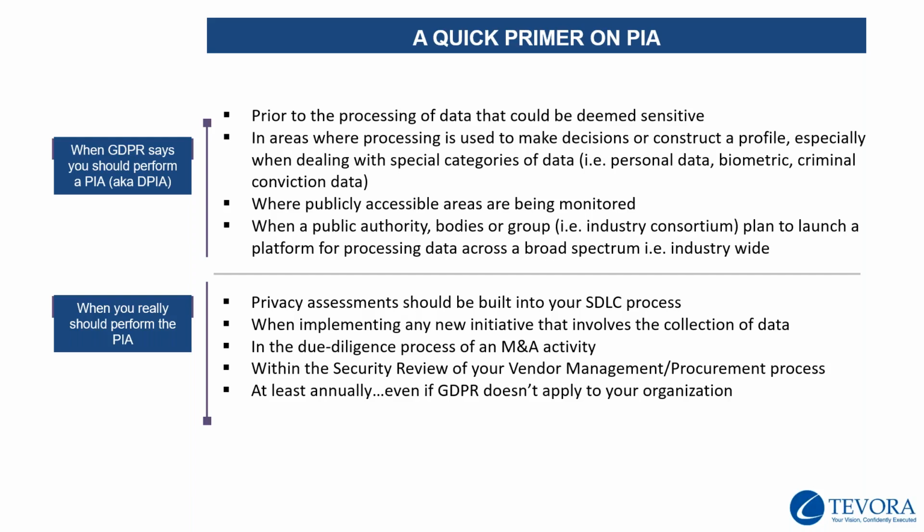Okay, perfect. And then the other question that we have here is, when GDPR says you should perform a PIA, there's this term, publicly accessible areas. So what is meant when we say publicly accessible areas are being monitored? Yeah, so these are the areas where public citizens are going to frequent.